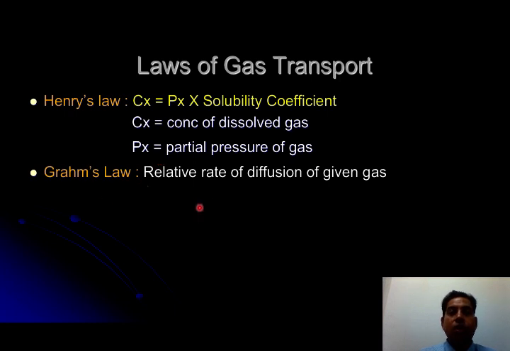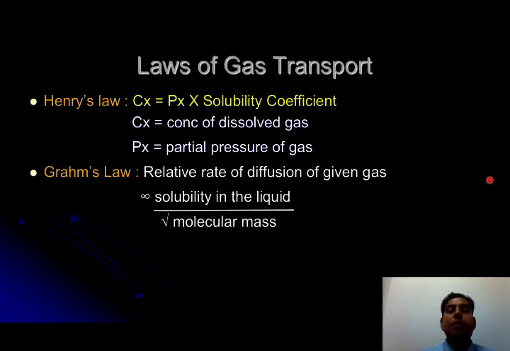The next important law is the Graham's law, which gives us the relative rate of diffusion of a given gas is directly proportional to the solubility of the gas in the given liquid, which in this case is our blood, and inversely proportional to the molecular mass.